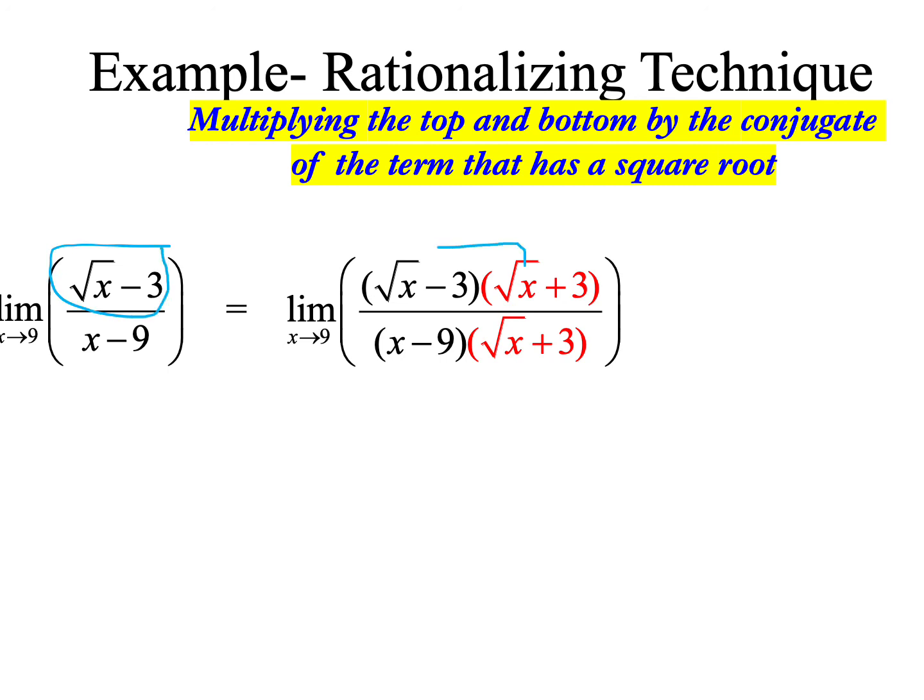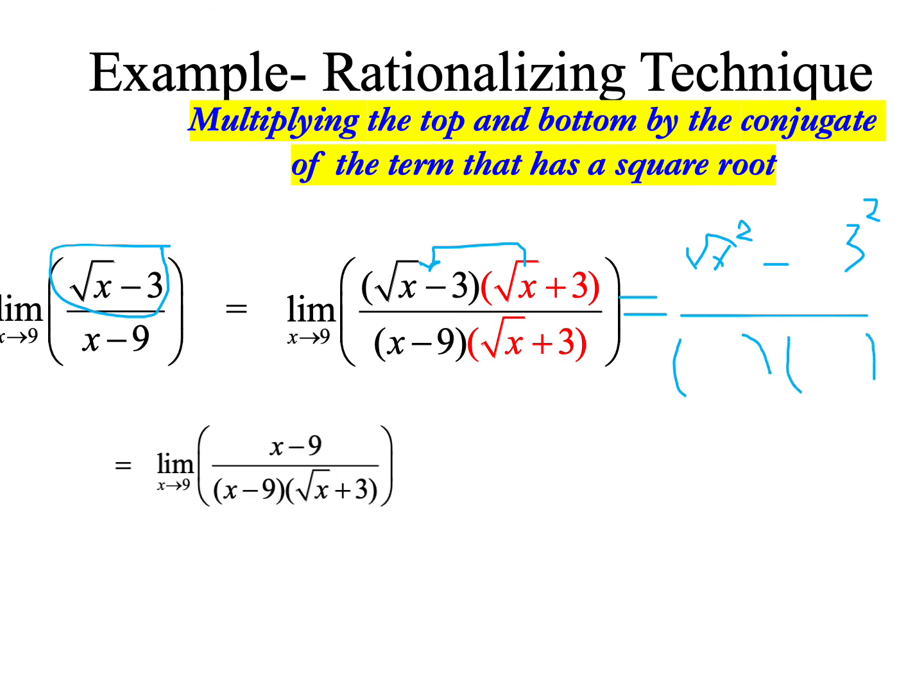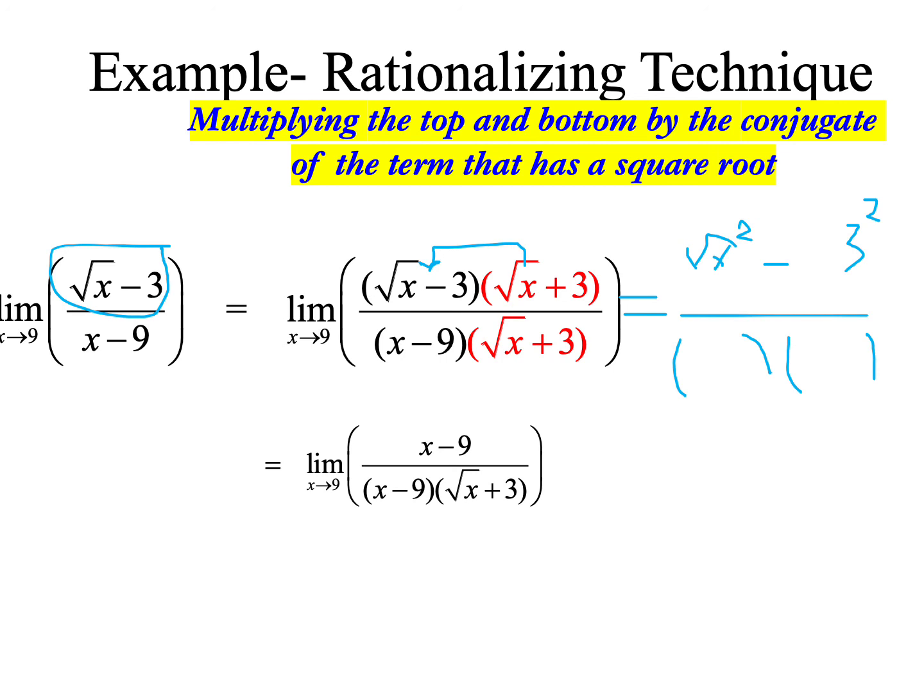These are conjugates to each other, so their multiplication will be only root of x squared minus 3 squared, and the down as it is, we don't change it. That means we will get up only x minus 9, and down x minus 9 multiplied by root of x plus 3. So we can clearly see that these can be cancelled. So I get 1 over root of x plus 3, which is 1 over 6.